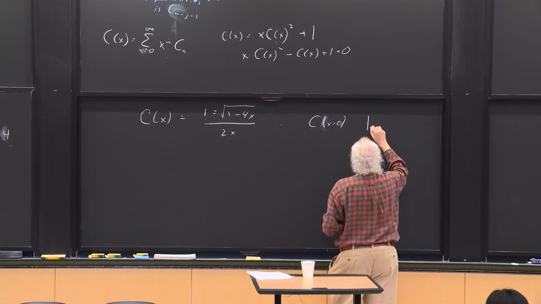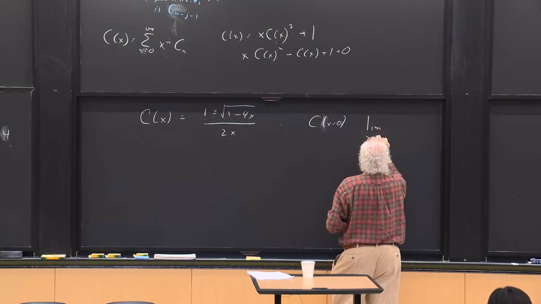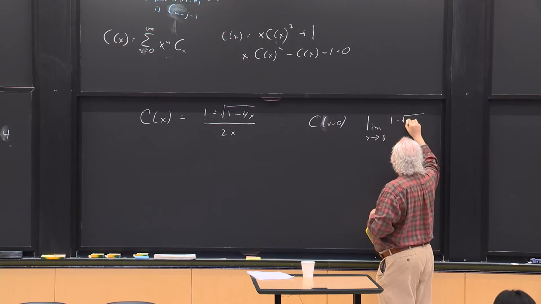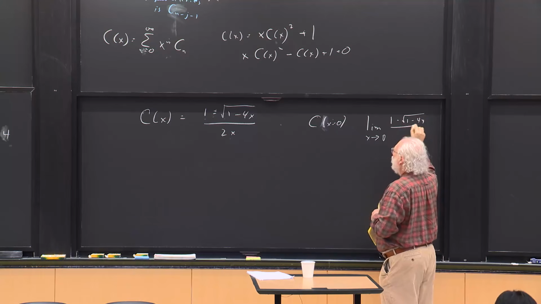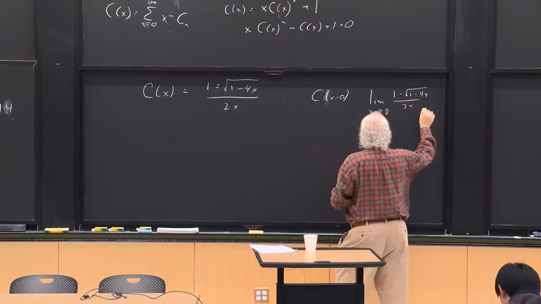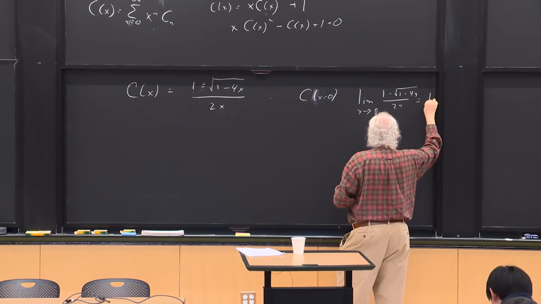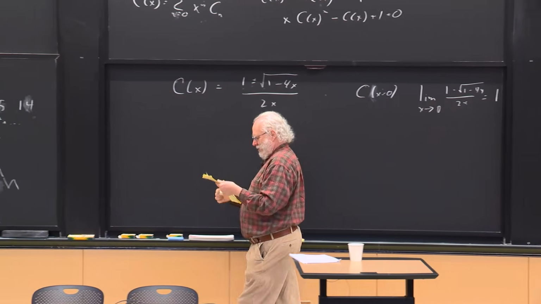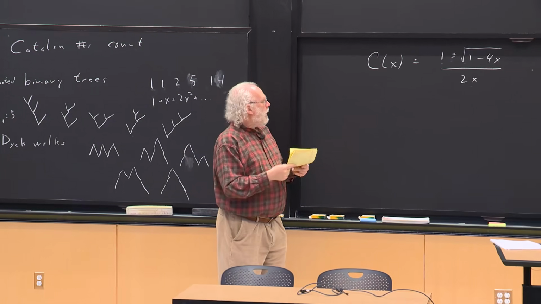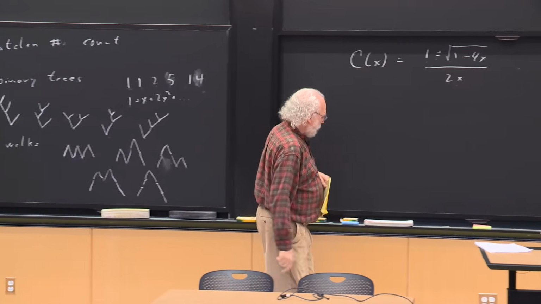And you can easily check with calculus that the limit as x goes to 0 of 1 minus the square root of 1 minus 4x over 2x is equal to 1. So the right value is minus.